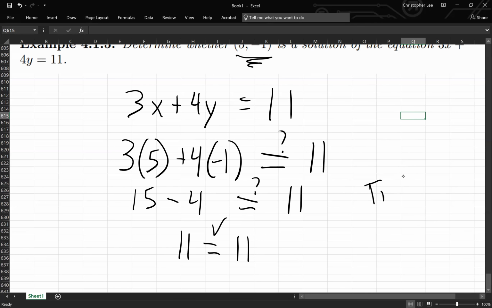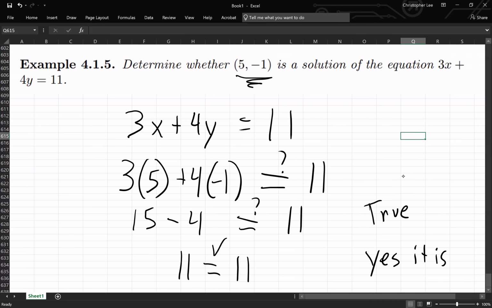It's a true statement. Yes, it is. Wait, what did you just do? What did I do? You tell me why. What's next to the 4? Okay. All right.